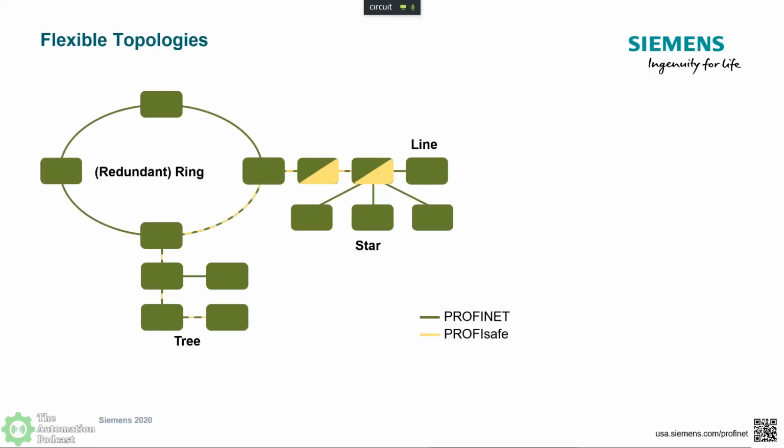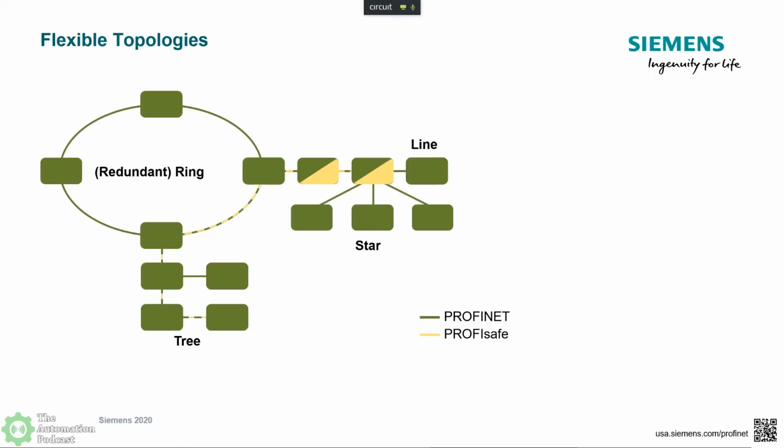Okay, yep. Besides the line and tree topology, we also have a redundant ring topology, which is media redundancy. We have MRP, which stands for Media Redundancy Protocol. Besides these media redundancy protocols, where we have switching times of 300 milliseconds, we also have a bumpless media redundancy called MRPD, media redundancy planned duplication, where the frames or the data are sent in two directions.